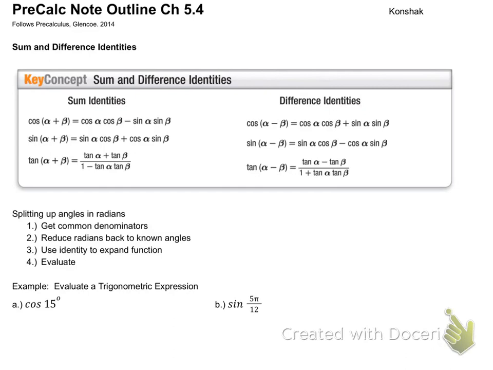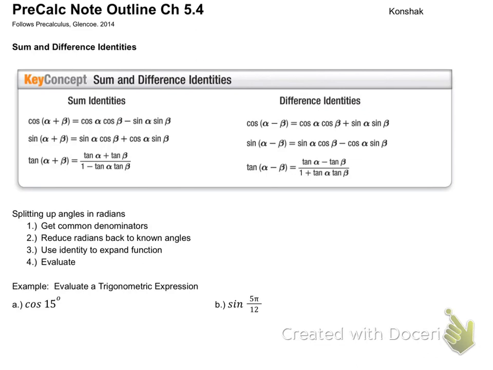The whole idea of the sum and difference identities is to come up with a way to get to the angle in question, 15 degrees, by adding or subtracting known angles. So what known angles do you guys know of that could get us to a 15? 45 and 30.